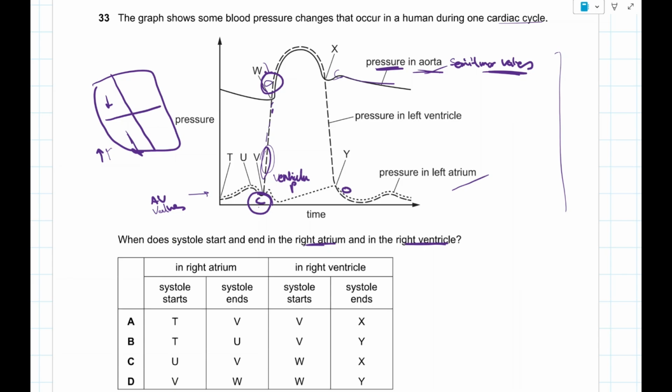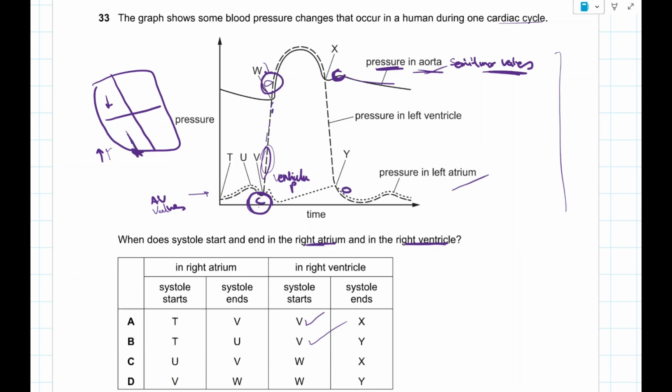So atrial systole must start when the atrioventricular valves close. And then, for here, what closes? The semilunar valve. So we know when the semilunar valve closes, this means that now the pressure in the ventricle is not enough to push the blood out.